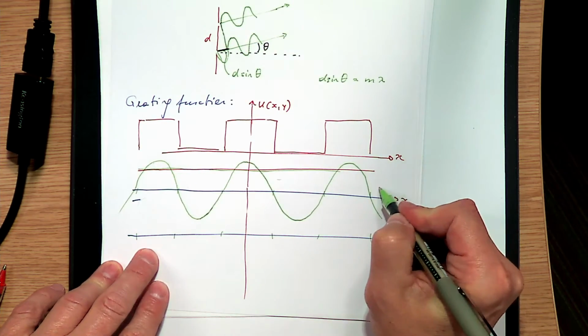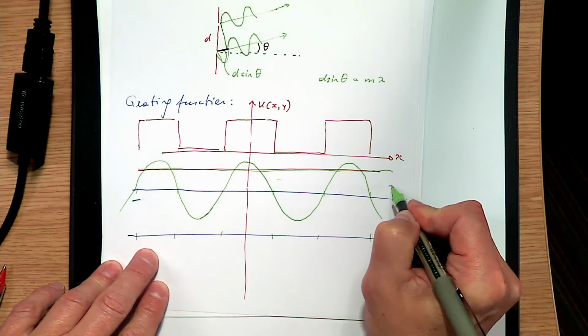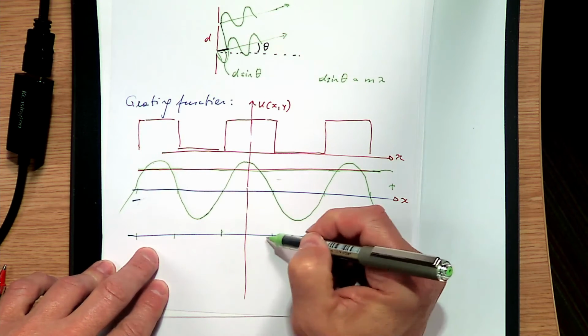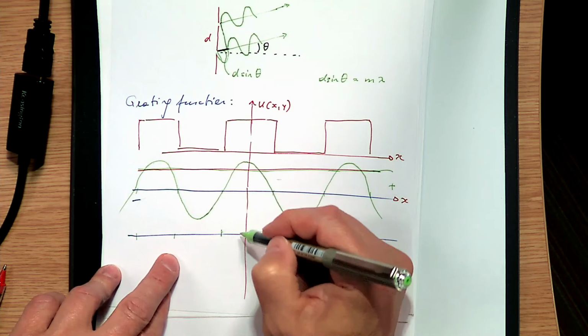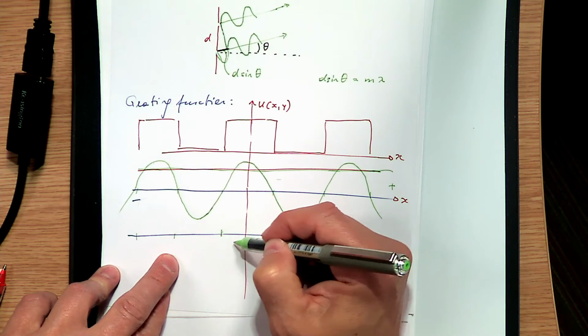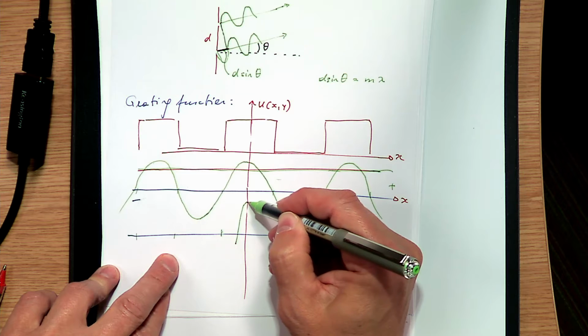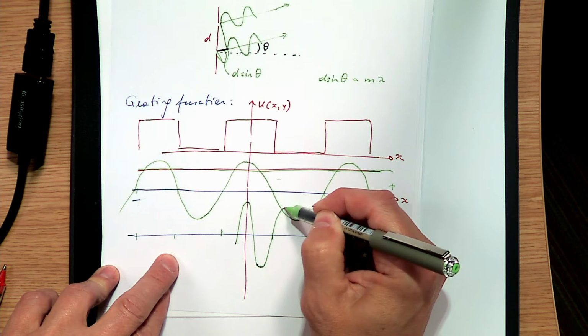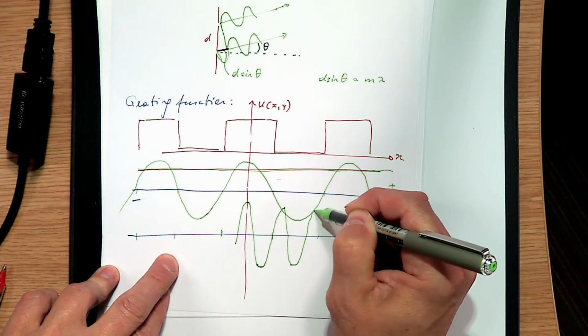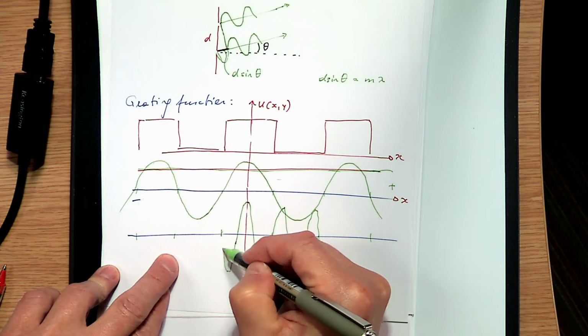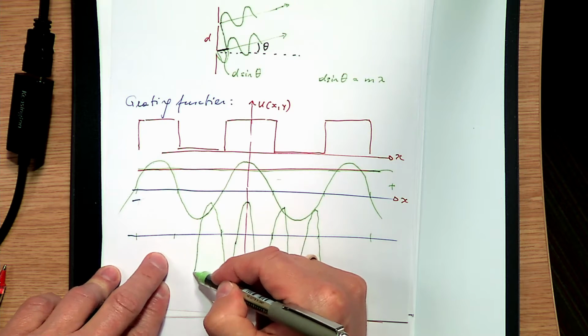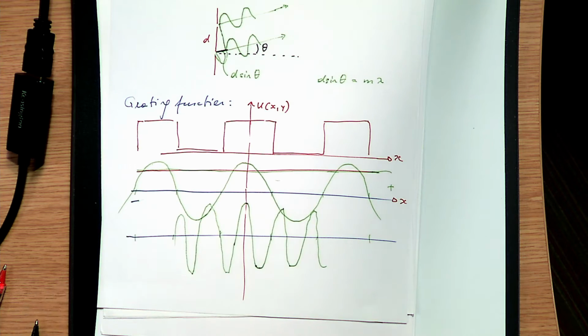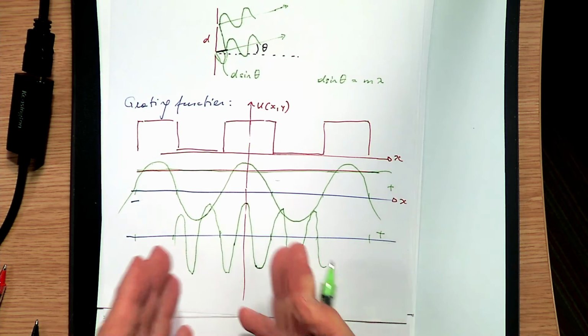So it's this one plus this one, and then there will be another component for this square wave that looks like this, plus that, and so on.